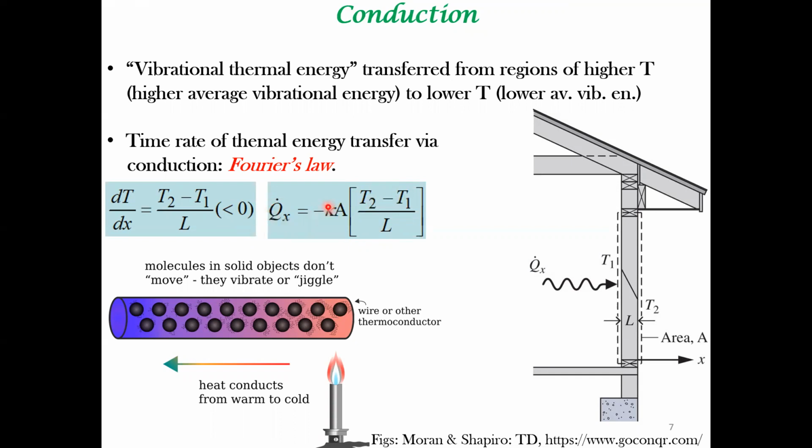And this is a material quantity, the thermal conductivity. That depends on the material. For a metal, it's very high. For an insulator like wood, it's very low. So typically, especially in Western countries where there's a lot of heating done in winter and cooling done in summer, you want to have very well insulated buildings.